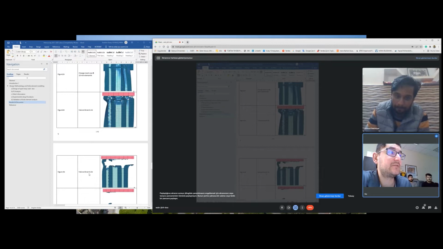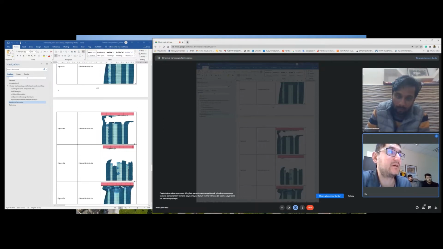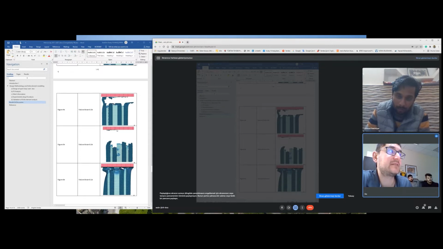For example, when you increase failure strain to 0.3, you have seen that much more unwanted, not needed, or not real deformation is expressed by the LS-DYNA. So we try to understand what is happening here. And when you look at 0.5 failure strain, it's also continuous.